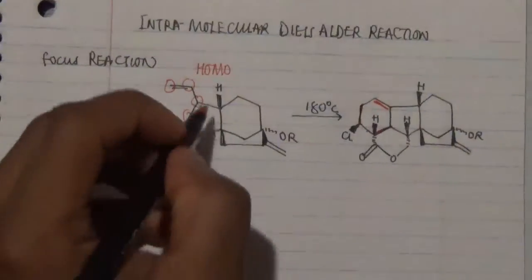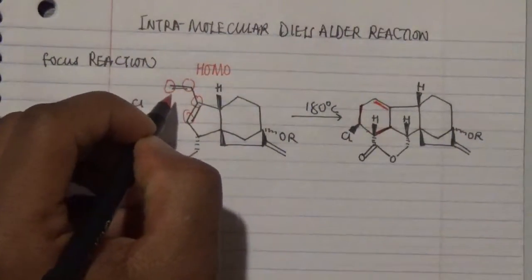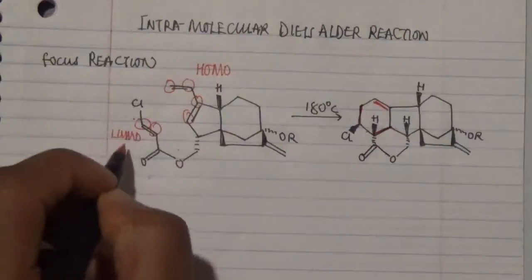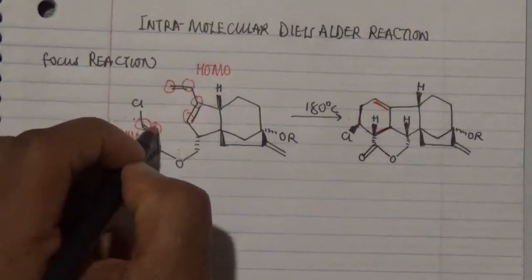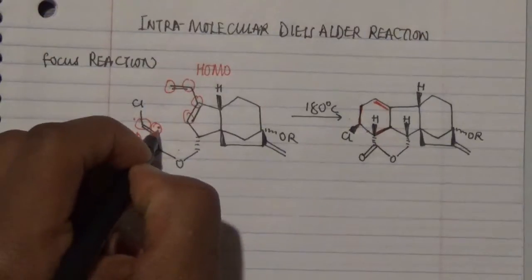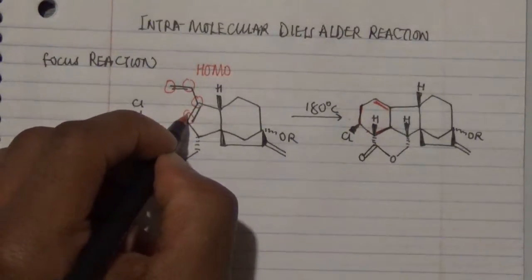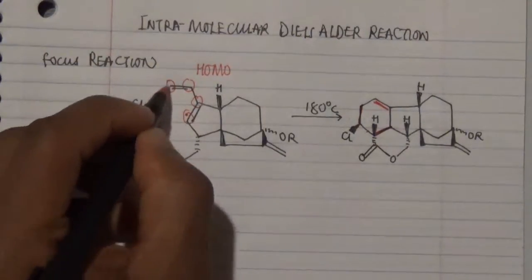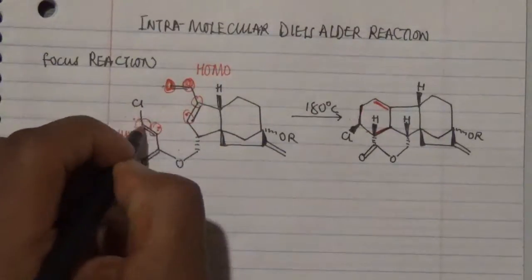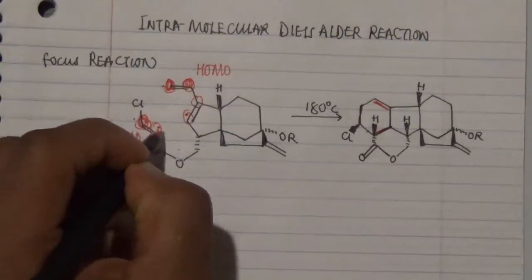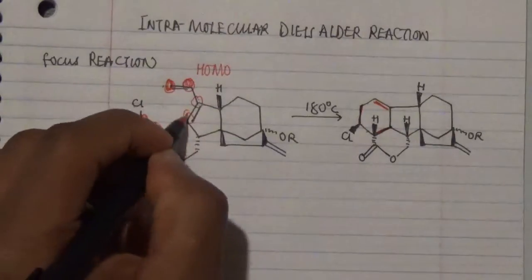What happens then is that you have an orbital overlap between this orbital and that orbital, because both of them are in phase, but this and that are out of phase, while this and this are in phase with each other. So the orbital overlap will be this one overlapping with that, and this overlapping with that.